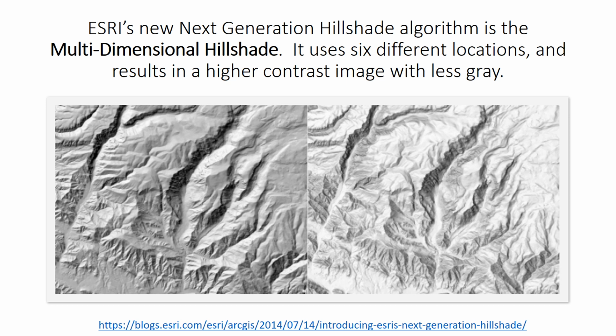Instead of having this gray tone throughout most of the map, it helps to brighten up most of it to make that white, and it enhances the contrast, so you can really start to see the difference between the steep side of a slope, something kind of hidden like the ravine running through the northwest part of that image, and the rest of it.